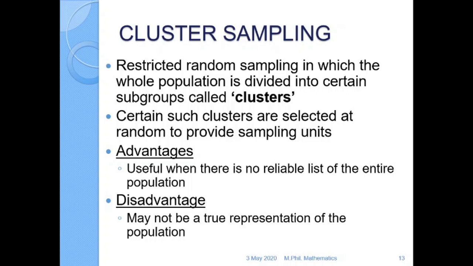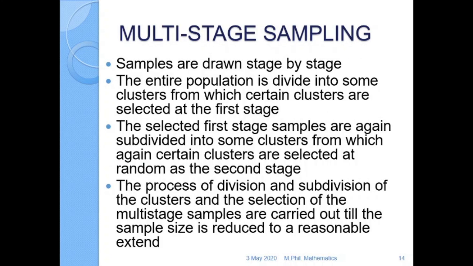Another method is cluster sampling, where the whole population is divided into subgroups called clusters, and certain clusters are selected, and from these selected clusters we choose sampling units, and it has its own advantages and disadvantages.